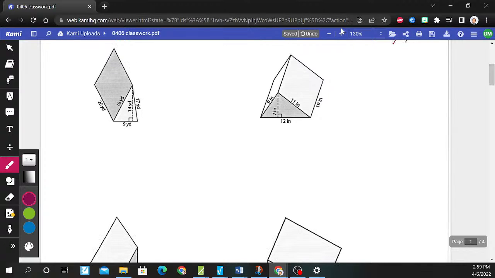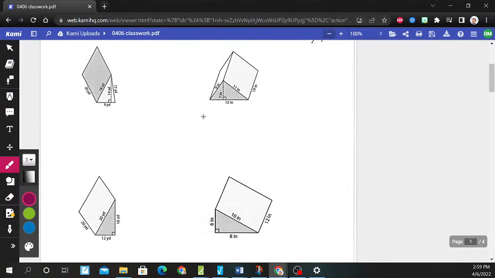So the triangle problems. This first triangle, let's solve this triangle. Triangles are found by base times height divided by 2. So base and height are found, I'm going to zoom in.